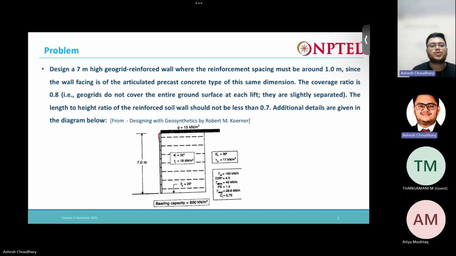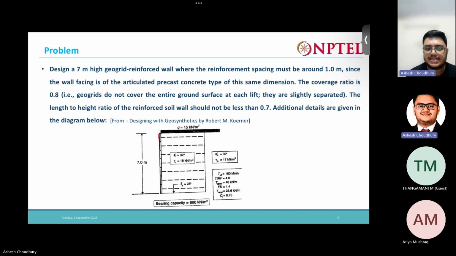The coverage ratio is pointed out. Coverage ratio means at each lift, at each level, the geogrids do not cover the entire ground surface, so they are slightly separated. We see it like this: this is the wall, and this is one lift, then two lifts, three lifts, like this.